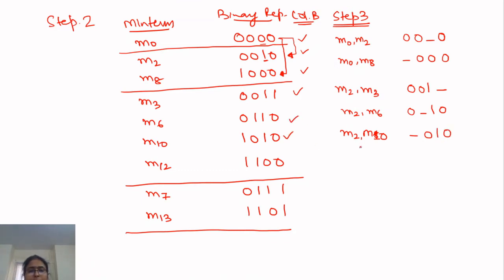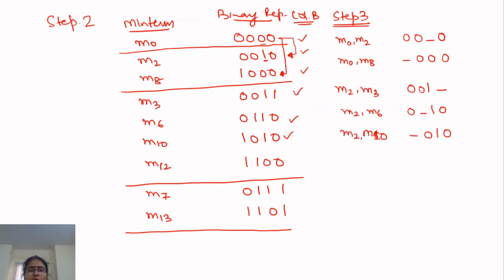Then m12, 1 1 0 0, no, m12 and m2 are not comparable because there is a difference of 2 bits. And similarly m7 is also not comparable.